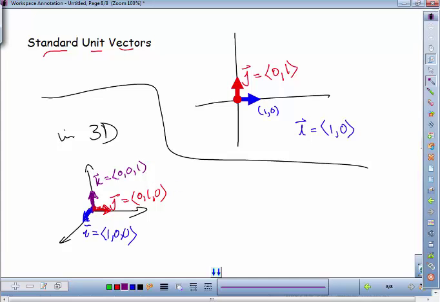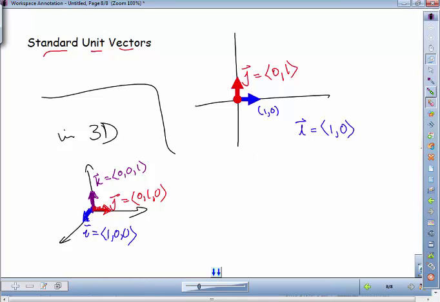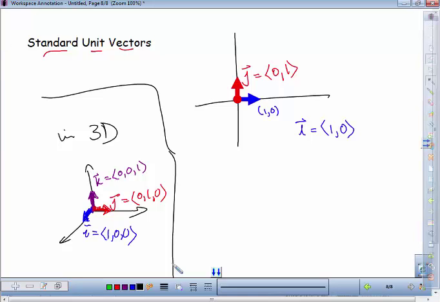So what this allows us to do is express any other vector as, in linear algebra, a linear combination of these standard basis vectors. So let's take that vector v that we had a while ago, or let's take another vector.